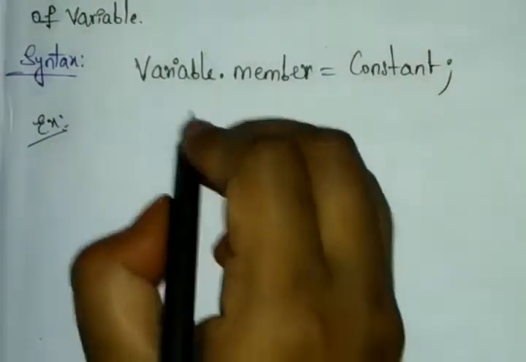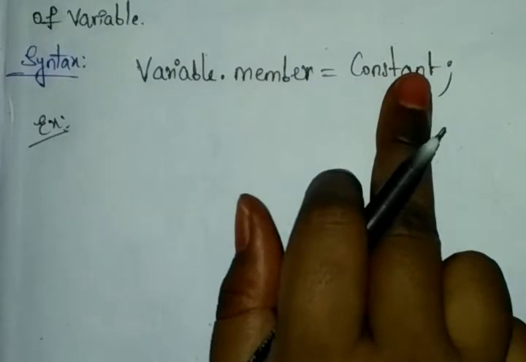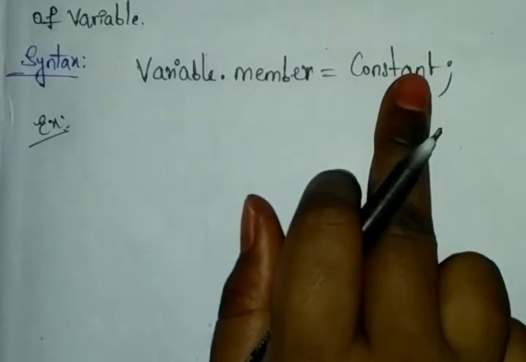So first, I'm starting with the union. You can start with hash include stdio.h and hash include conio.h.